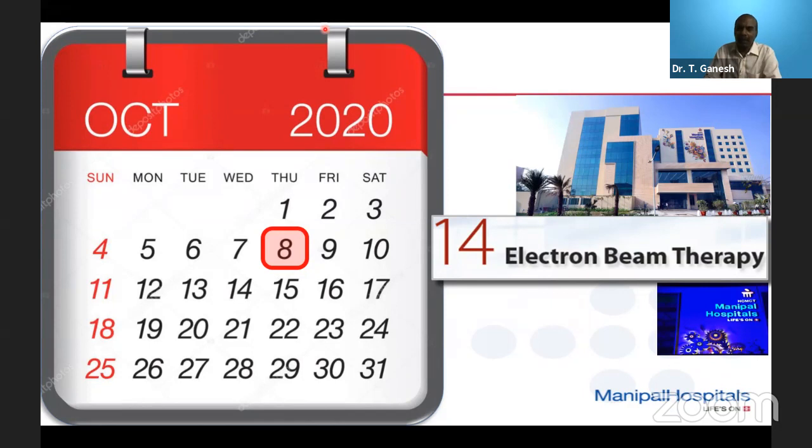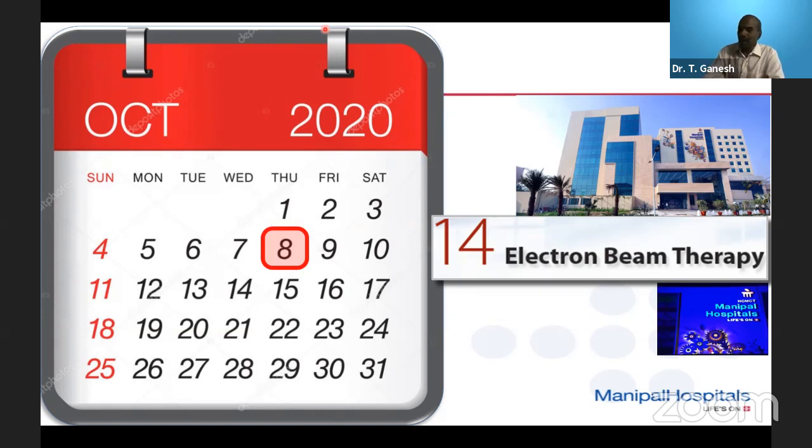So if you keep the SSD at 80 centimeter or 100 centimeter, it becomes easy to find many of the dose functions and to correlate the dose that a physicist measures with his or her chamber to the dose at different points.